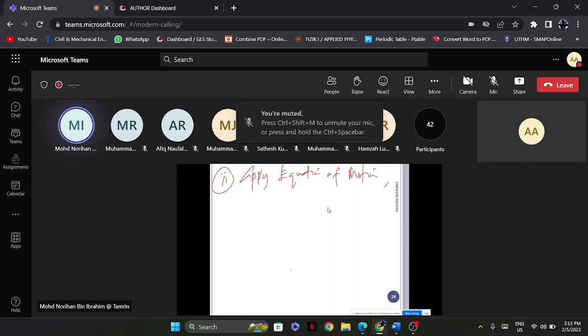Apply equations of motion. Sum of Fx is equal to m a x. Go right.